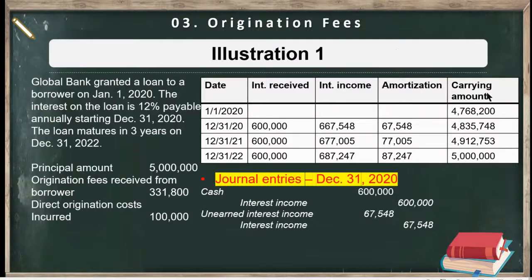Since ang carrying amount is lesser and our goal is to reach 5 million, again, ang goal sa pag-amortize is to reach the face value or the principal amount.